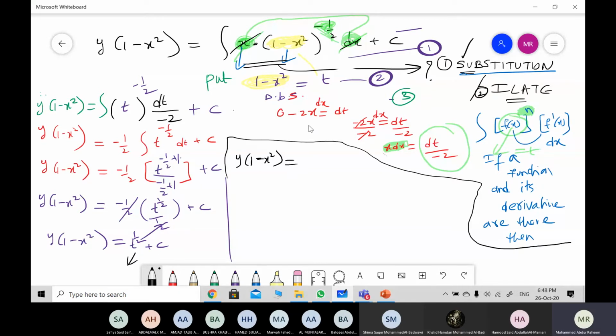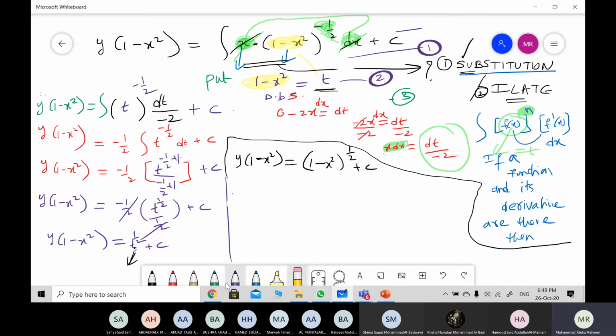T is 1 minus x square. I need to write here, for T, 1 minus x square power half, plus C. Okay, this is done.